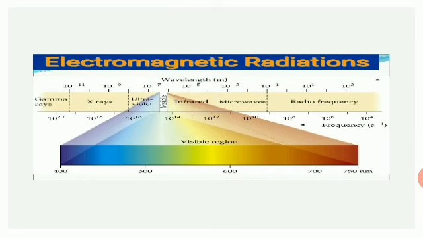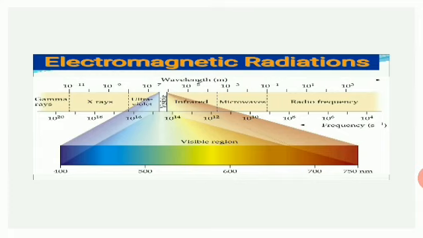Now there come the electromagnetic radiations. The electromagnetic spectrum is the arrangement of different types of electromagnetic radiations in the order of increasing wavelength and decreasing frequency.